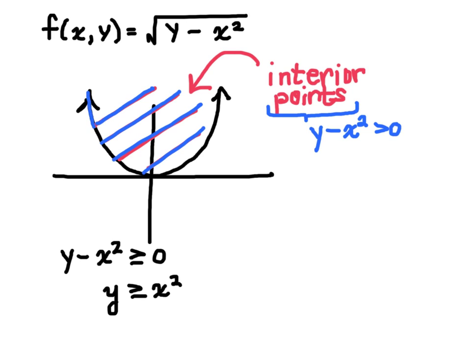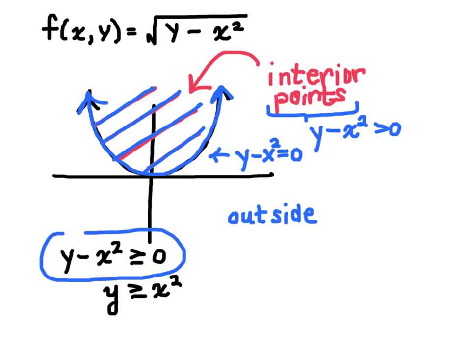And the parabola itself satisfies the condition y minus x squared equals 0. The points on the outside do not satisfy the domain restriction that we have here, because the outside points are when y minus x squared is less than 0, and in fact, that is not valid.